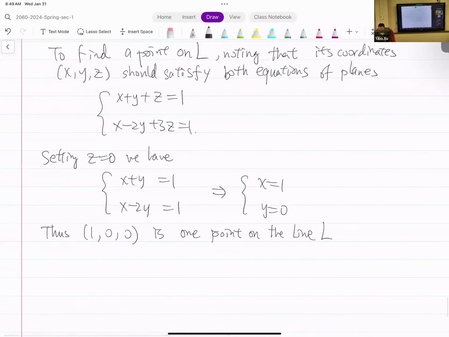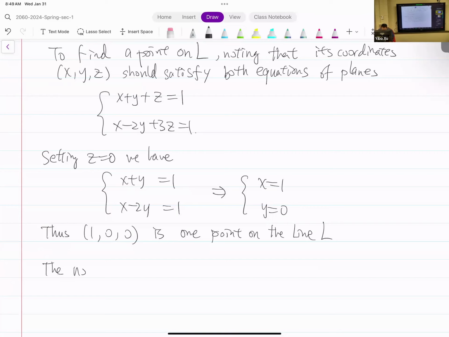So now we have 1 point, right? And then we need a direction. We just need to realize that this line is contained in both of the planes. So the normal vector of each plane is going to be perpendicular to the line. Let me write that down.